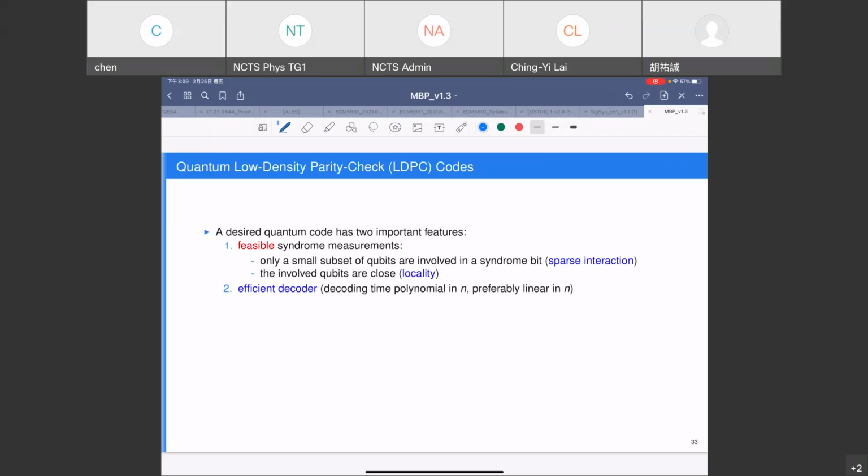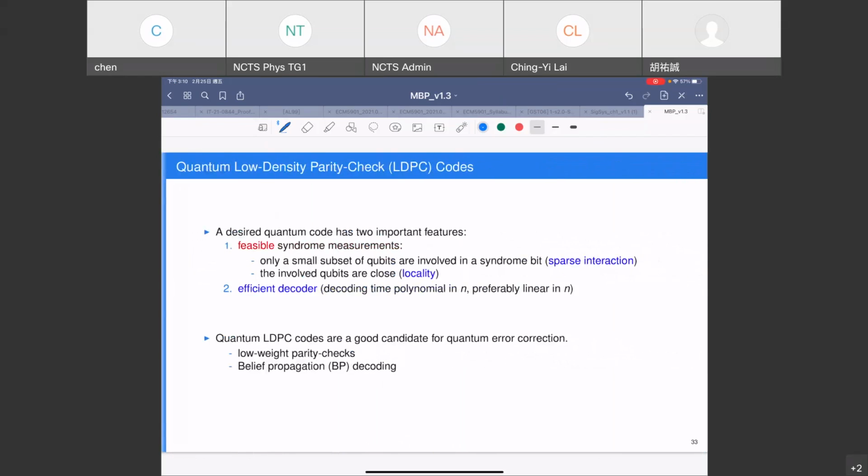This syndrome measurement will be performed constantly, so it needs to be feasible, meaning only a small subset of the qubits are involved, and the involved qubits should be close to each other. So we have this locality constraint, and there is also a sparsity constraint.